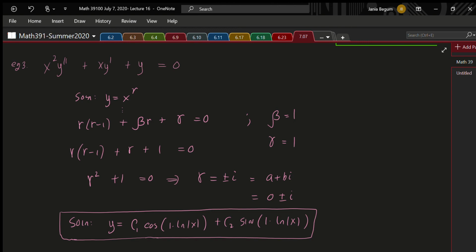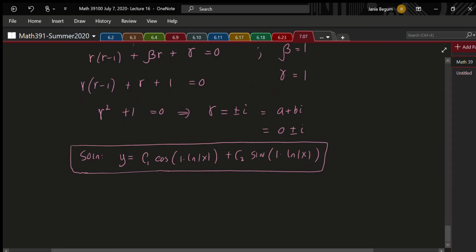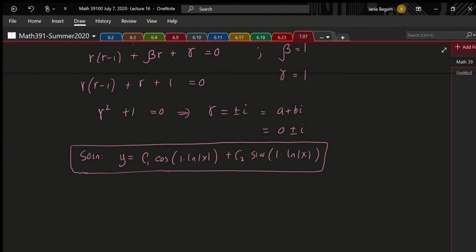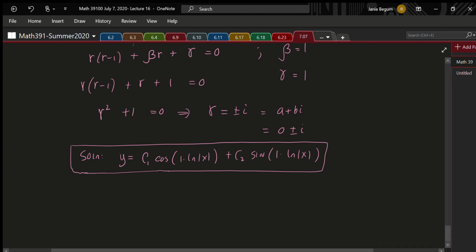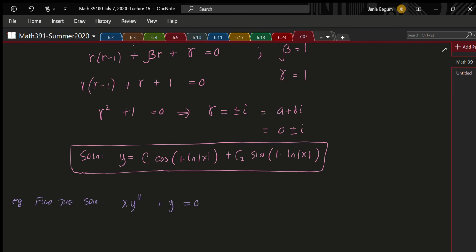Okay, let's do one more. So here's another one, and you can find the solution. Say you have x times y double prime plus y equals 0. Is this an Euler equation?